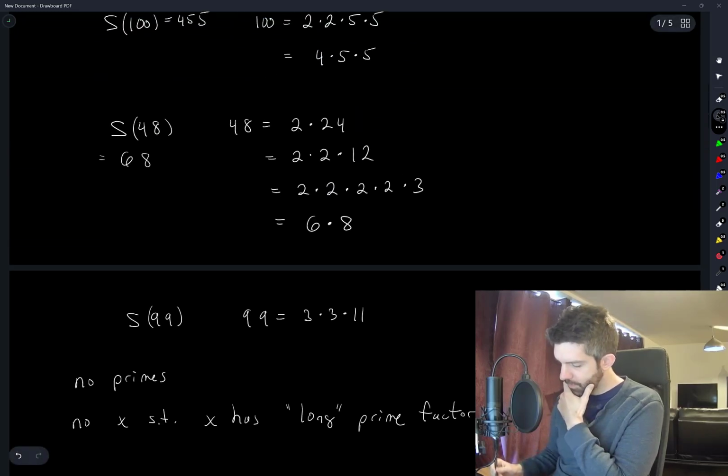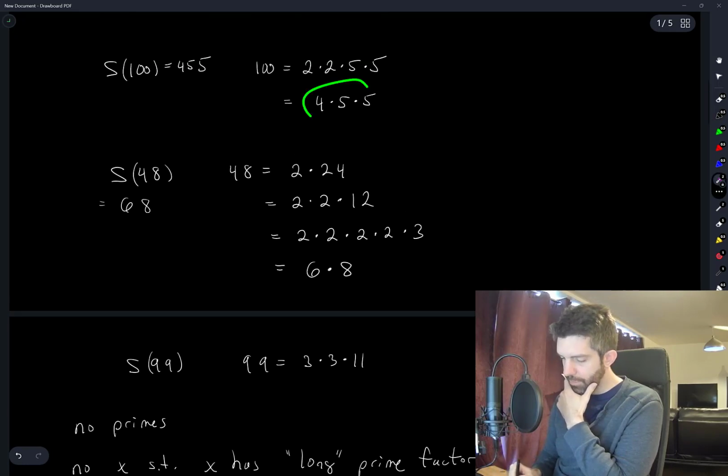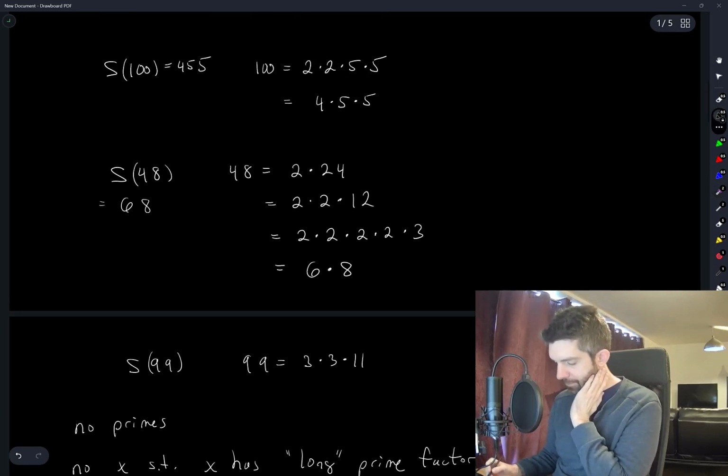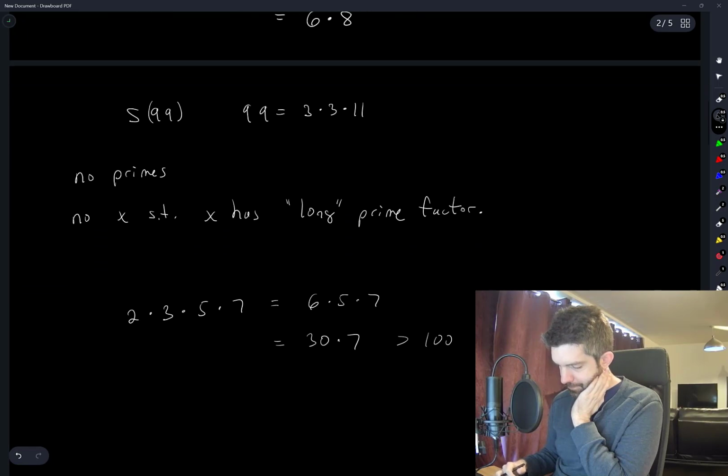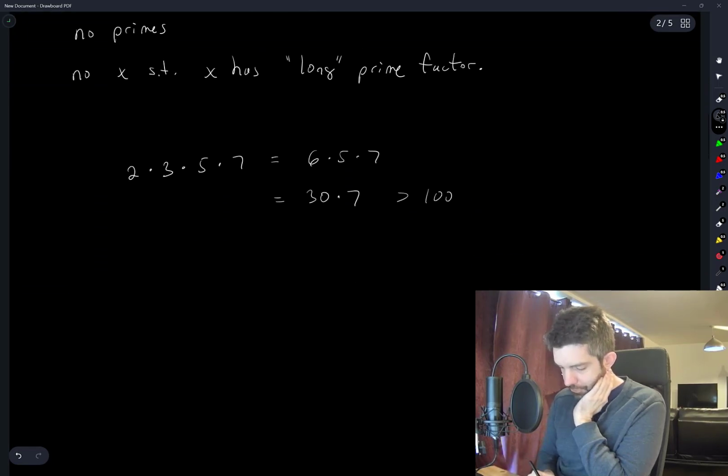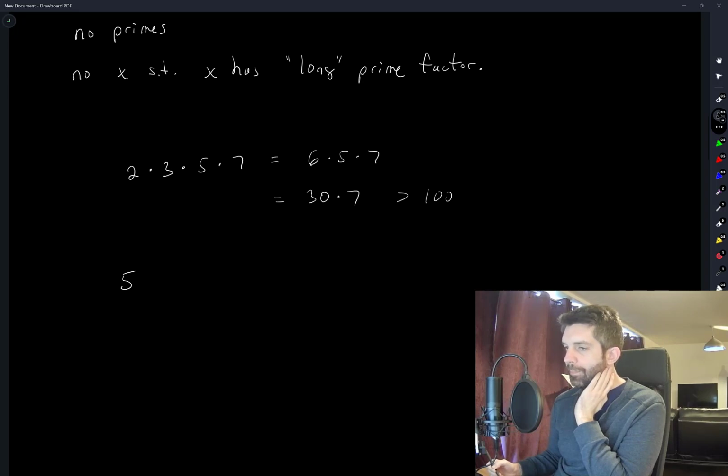Well, we know that we're looking for a number greater than 455. If the first digit is a 5, then the next 2 digits have to be greater than or equal to 5.